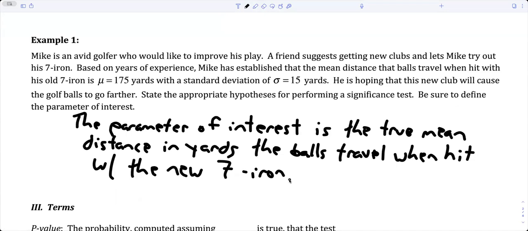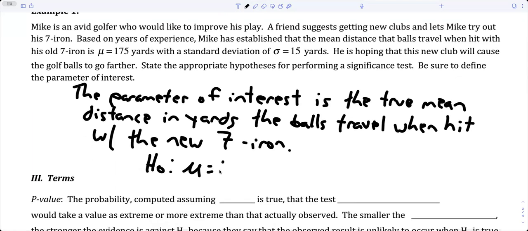So my hypotheses. Mu equals 175 is my null hypothesis, because they tell me this right here: Mike has established the mean distance the ball travels when hit with the old 7-iron is mu equal to 175. So that's what I'm making a comparison against.